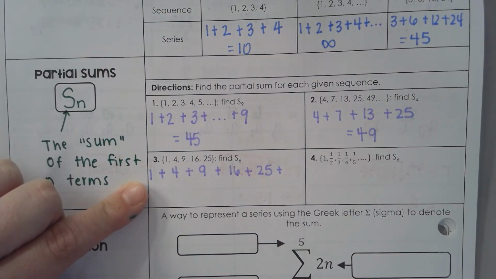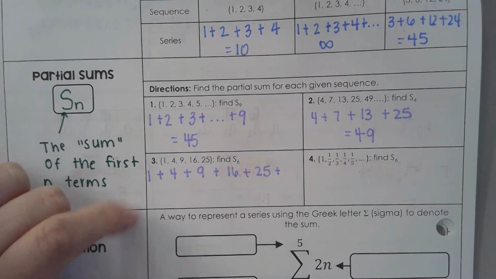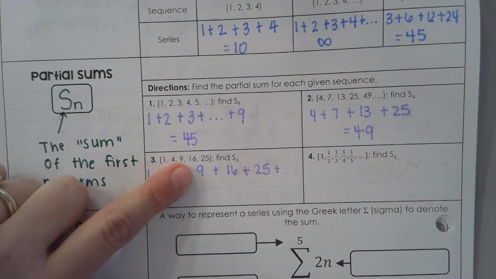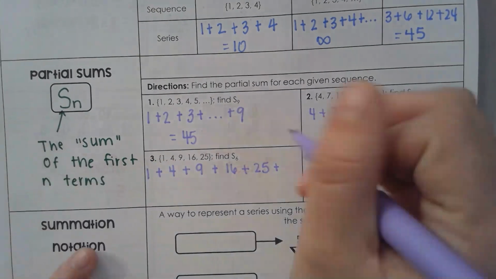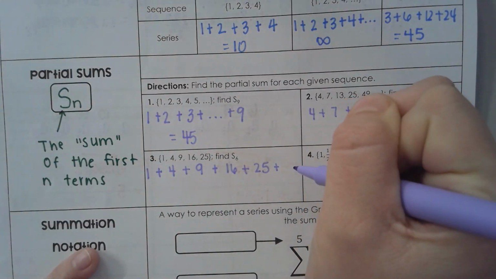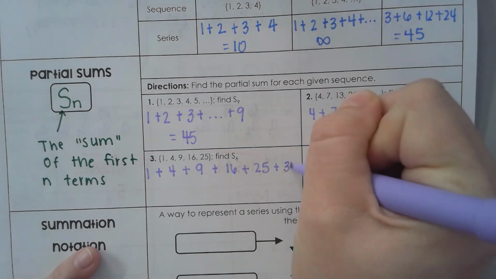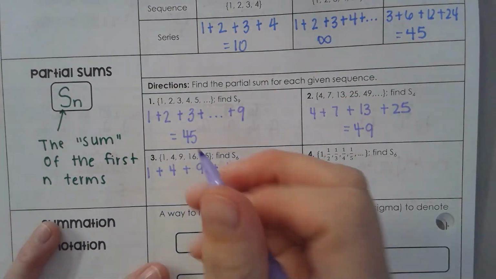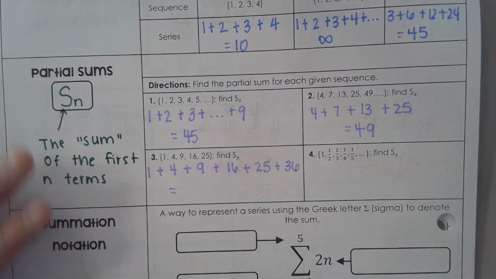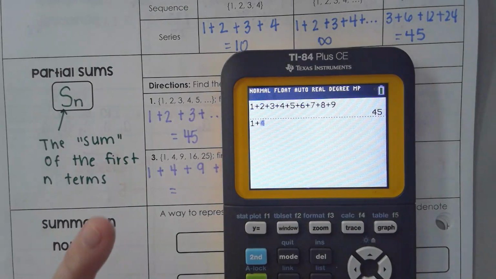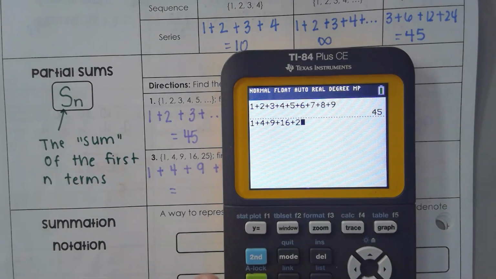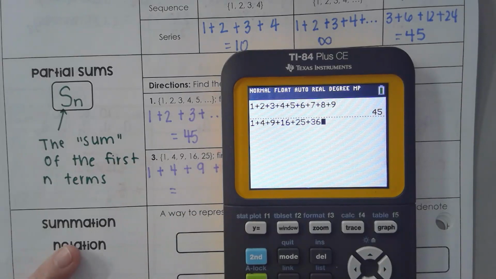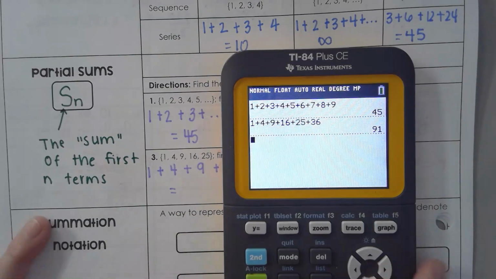Not prime. They're all perfect squares. That's 1 squared, 2 squared, 3 squared. So what is 6 squared? 36. And the sum is 91.